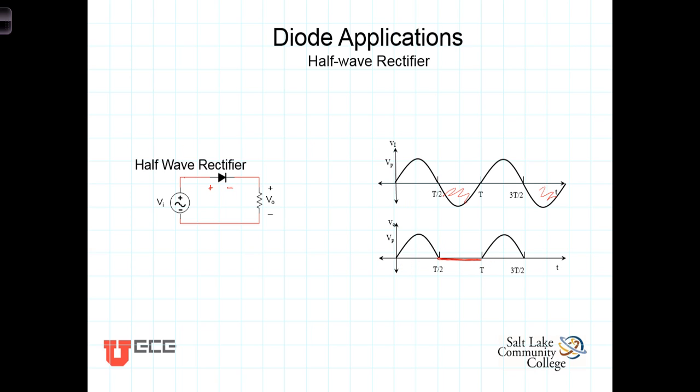Now, if instead of using the ideal diode model we use the constant voltage drop model, let's just say that there's a 7/10 of a volt drop across that diode. In other words, the input voltage has got to get up to 7/10 of a volt before this diode starts to conduct. Then it will continue to conduct as long as the voltage is greater than 7/10 of a volt.